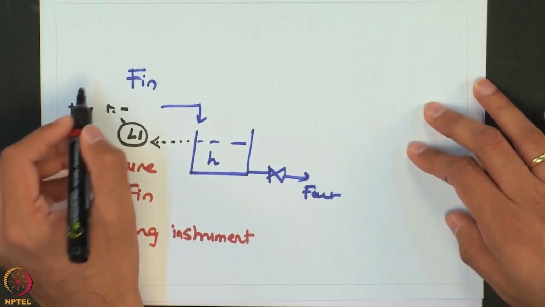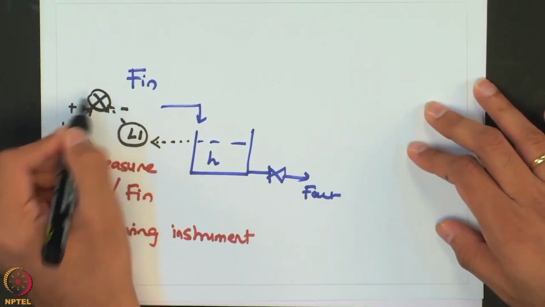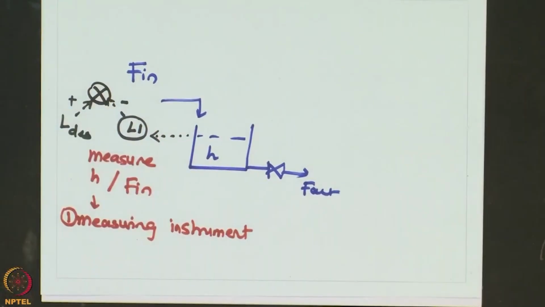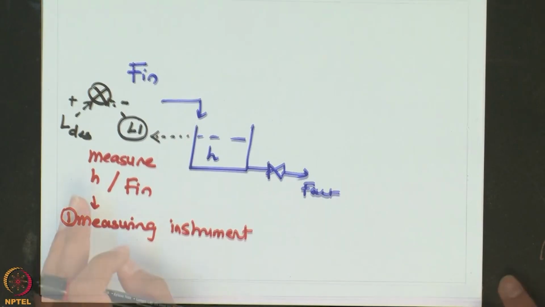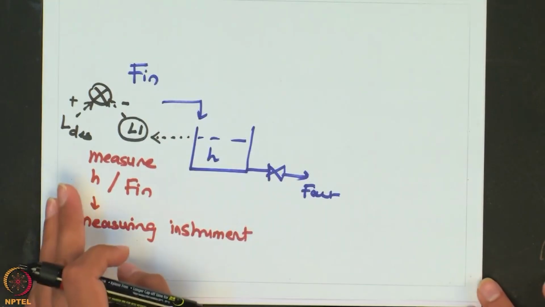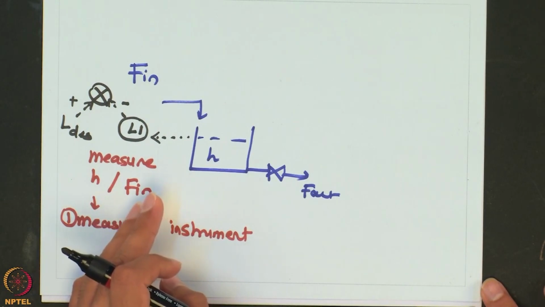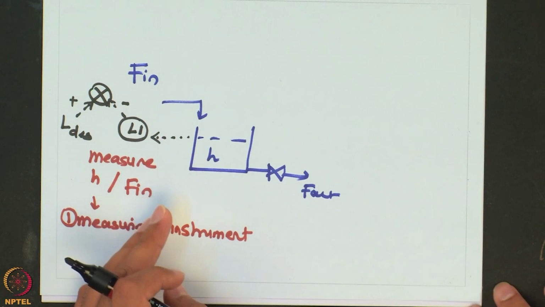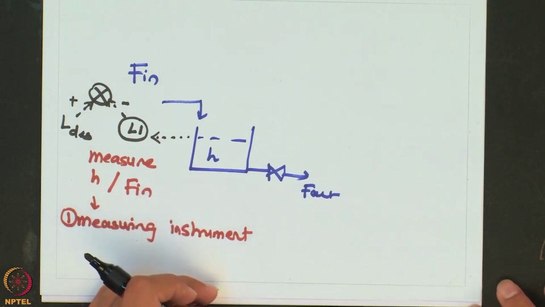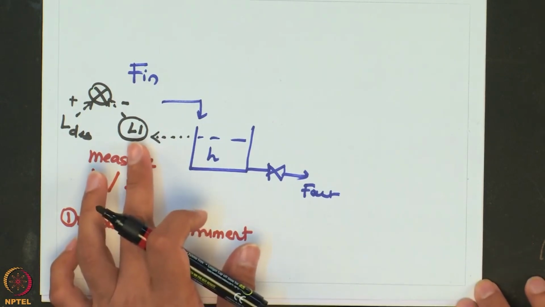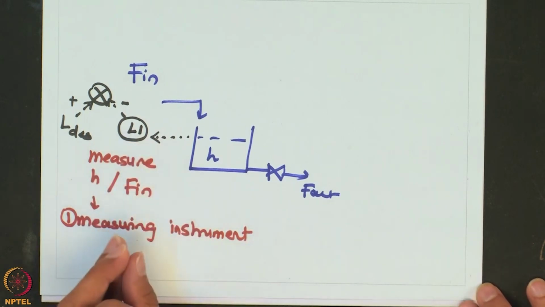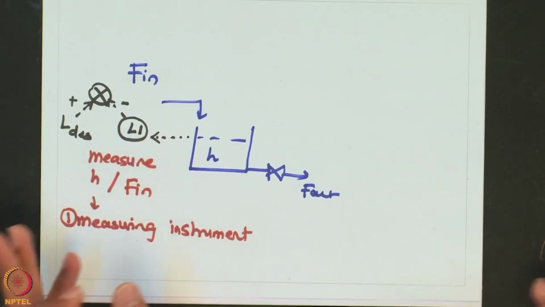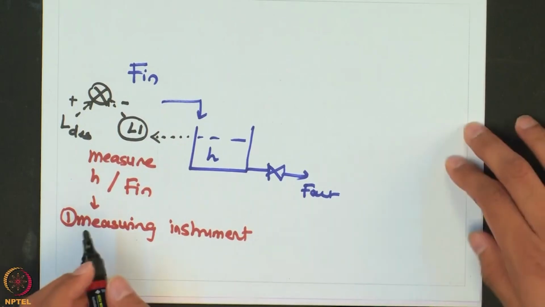If the difference is 0, no action has to be taken. If the desired minus the current value is positive, then you would reduce the outlet flow rate so that the level will keep on increasing and the error will go on reducing, or if the other way around, then it is vice versa.